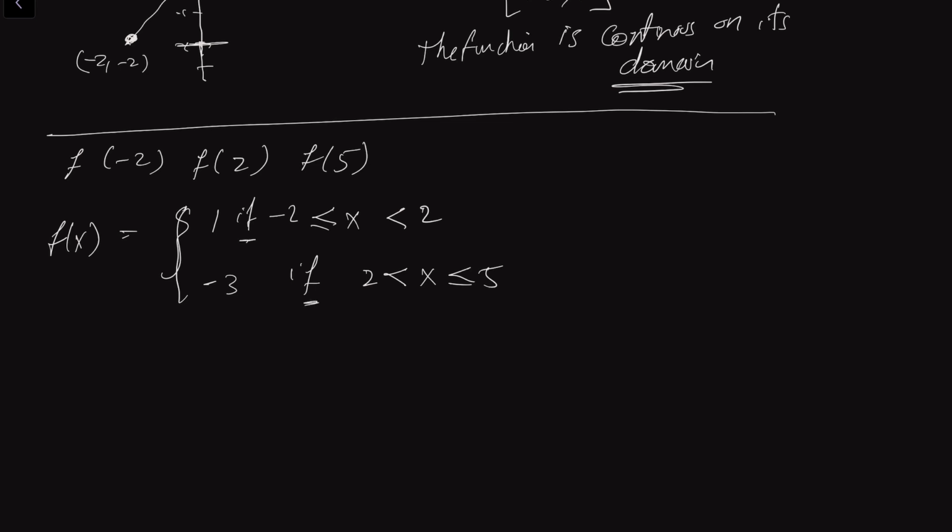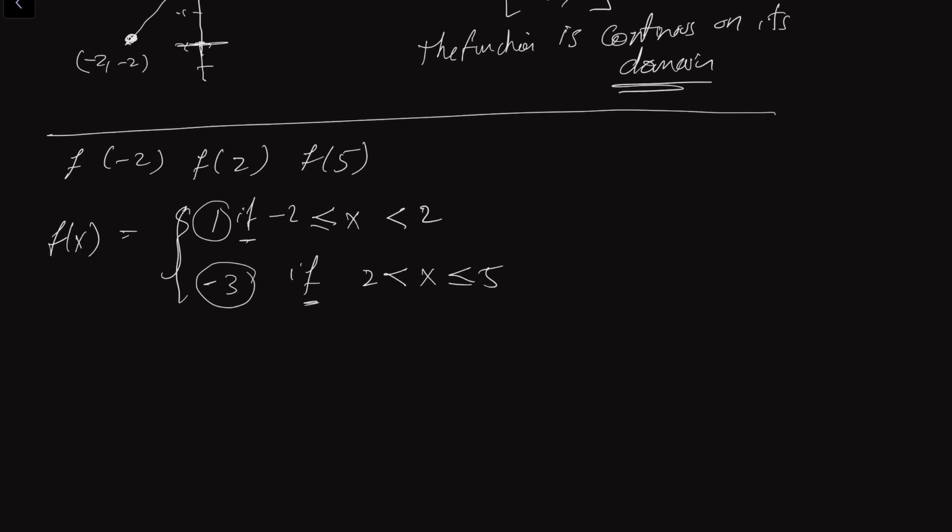Okay, so those are my two expressions for that piecewise function. So I want to find f(-2), f(2), and f(5). When x is greater than or equal to -2 and less than 2, the value is 1. And when x is greater than 2 and less than or equal to 5, f of x is -3.